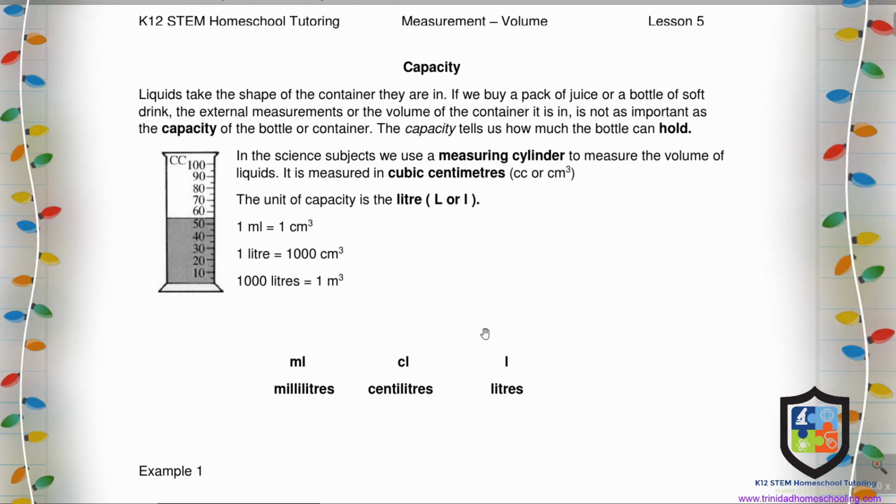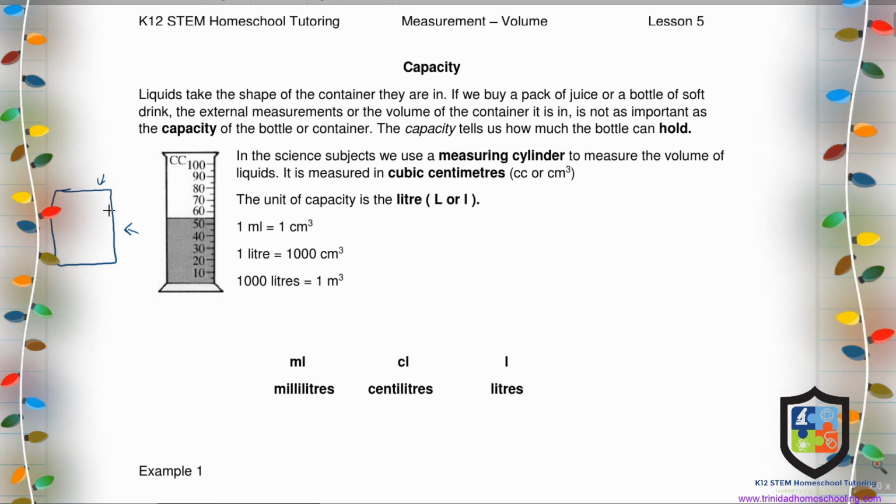So when we buy things like a pack of juice or a bottle of soft drink, the external measurements or the volume of the container it is in is not as important as the capacity of the bottle or the container. So that means if we buy a juice box, we don't care how big that juice box is, because we're not eating the juice box.